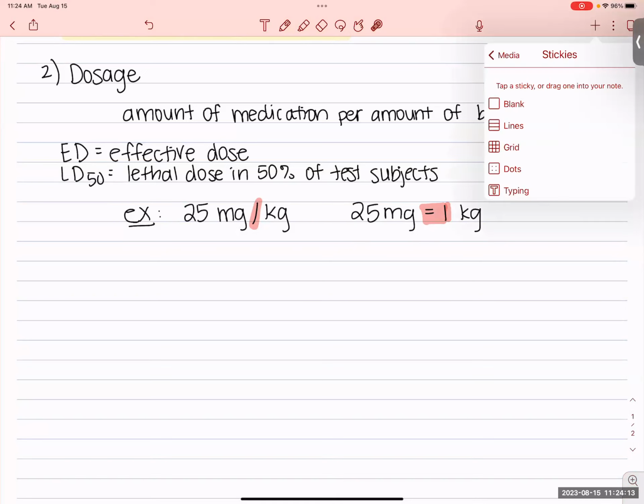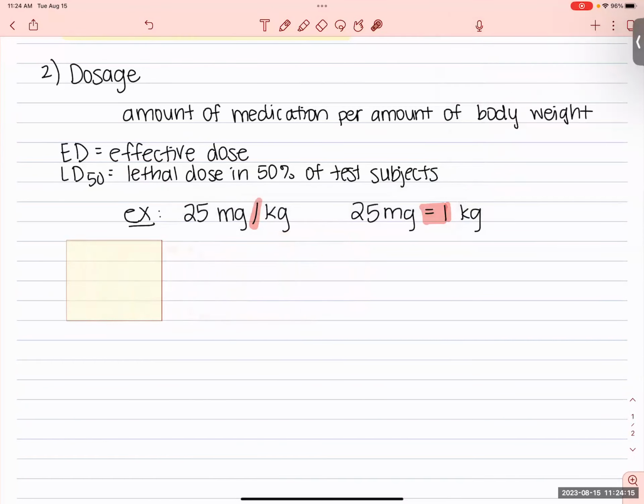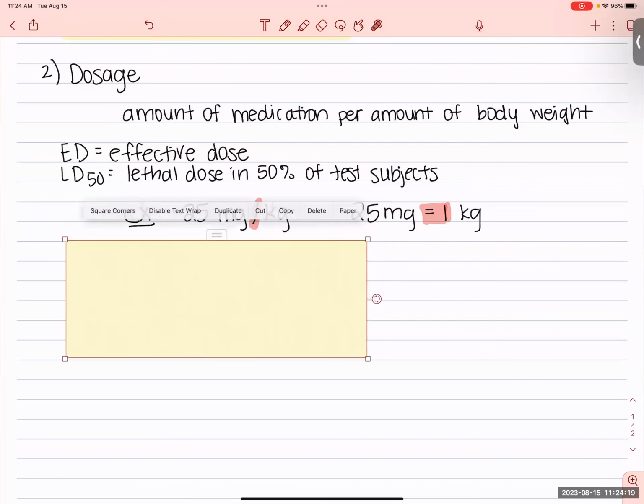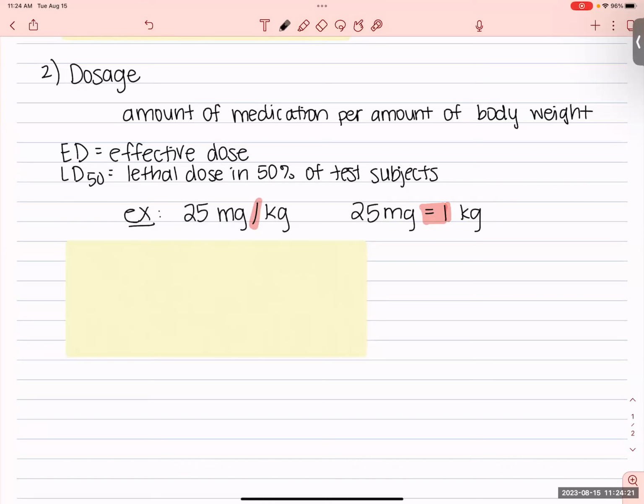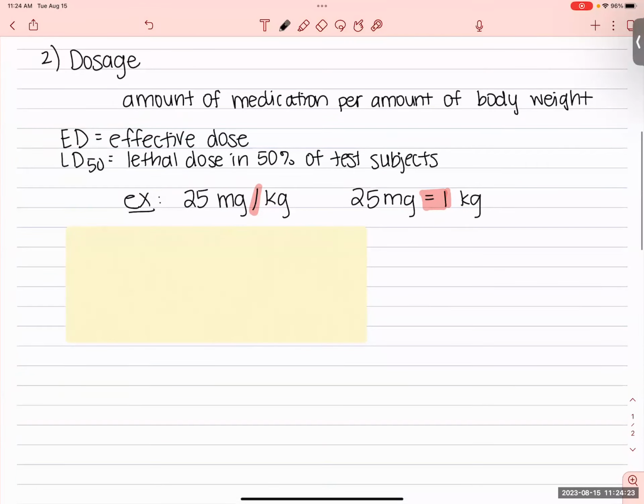So whenever you're dealing with dosages for this class or nursing class in the future or any class in the future, dealing with any conversion really, you want to be specific about labeling every part of your conversion.